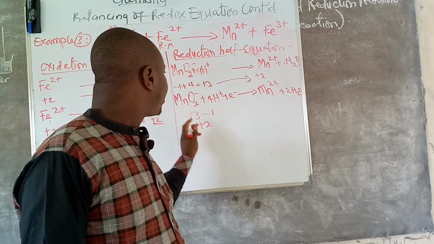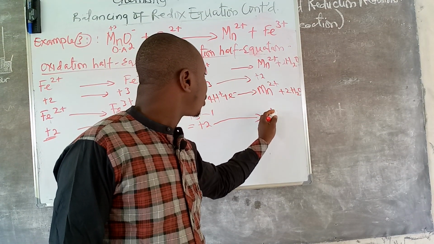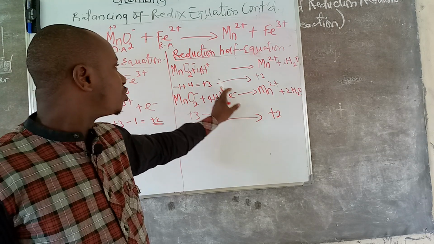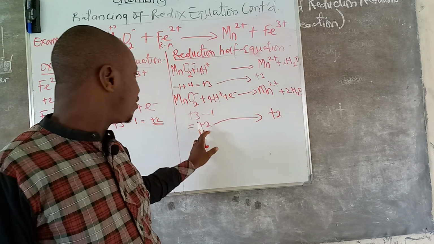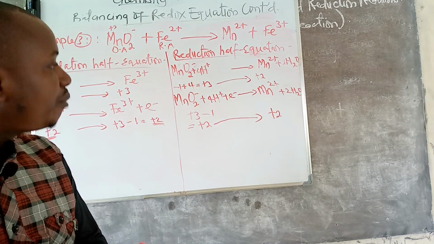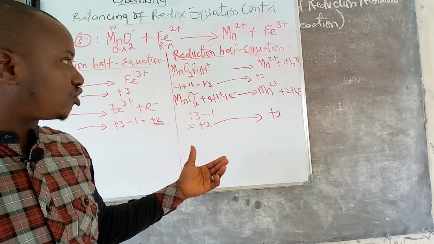Plus 2. Plus 3 minus 1 is plus 2, which will balance this side, which is plus 2. Remember, I added 1 electron here, so that if we minus it from 3, it will give us plus 2.